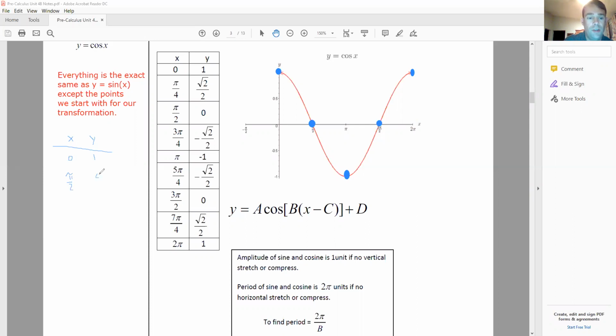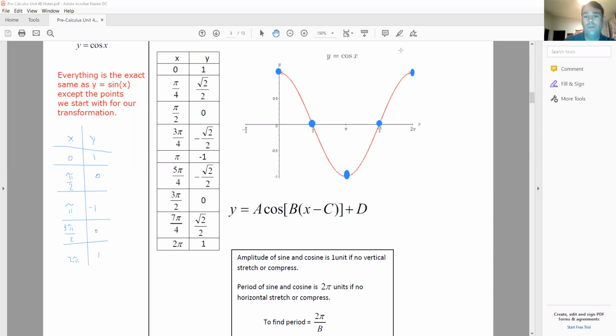Nothing else will change. So it's not like we're learning two different things. We're not. We're learning one thing. And actually, it's more of a review of what we did first semester. All we're doing is just getting two different sets of points that we start with. So we can still use transformations to graph cosine.